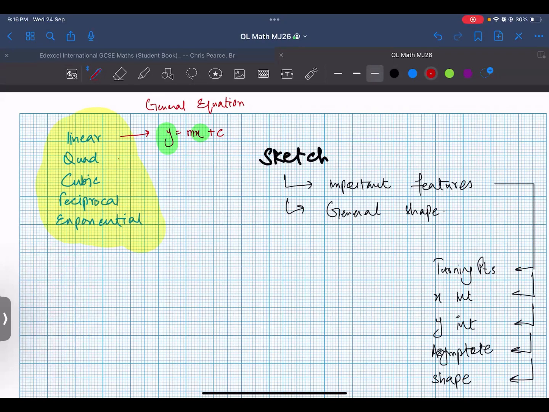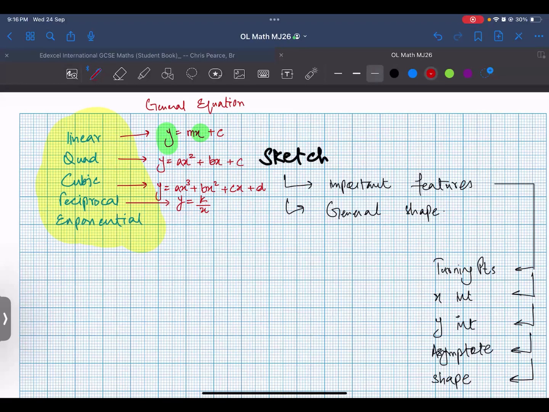The second one, quadratic, we have learned this in detail. It is y is equals to ax square plus bx plus c, where a, b, and c, these are constants. Cubic equation, y is equals to ax cube plus bx square plus cx plus d. Reciprocal, when your variable x is in the denominator. k upon x. k is a constant, can be anything.